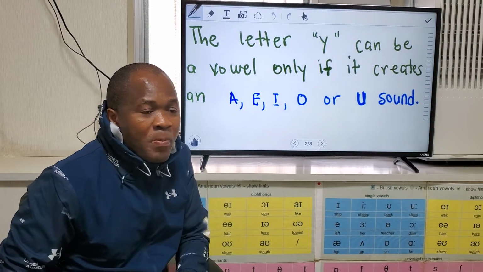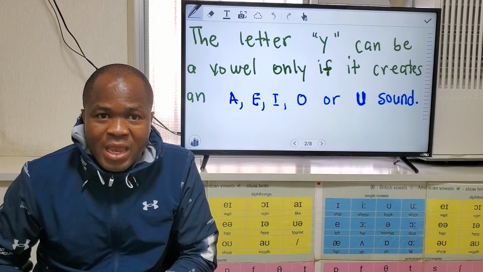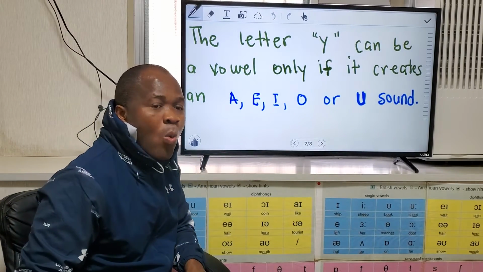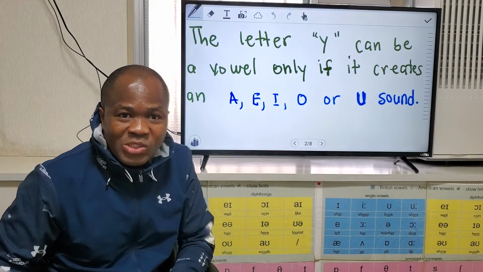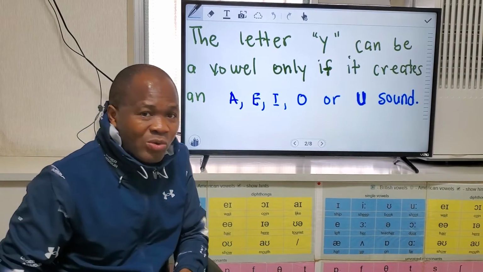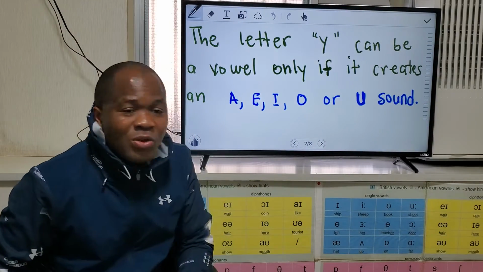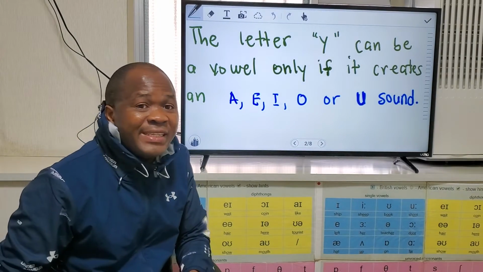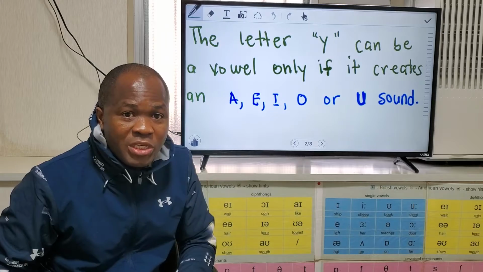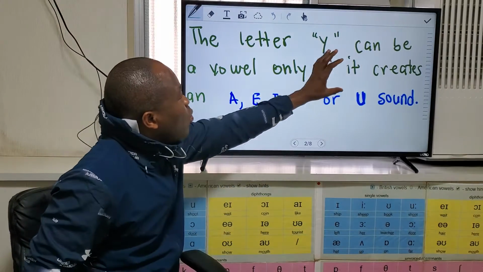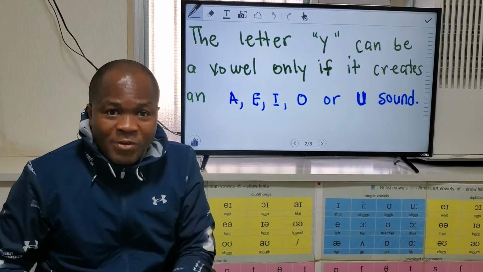For example, buy, B-U-Y. The last Y sounds like I. So Y can create the I sound, that is a long vowel I. Also Y can create the E sound, as in key, monkey. So this makes the letter Y also a vowel.